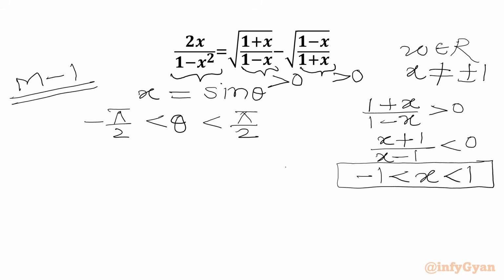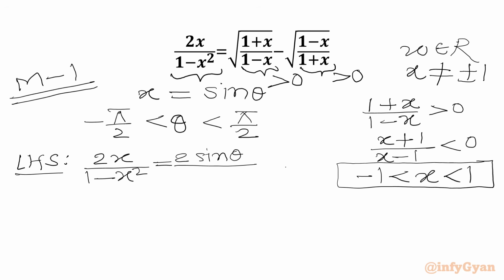Now we have to find our equation's LHS and RHS as per our substitution. So I am writing here LHS, which is 2x over 1 minus x square. As per our substitution, we can write 2 sine theta over 1 minus sine square theta. Now 1 minus sine square theta is cos square theta.